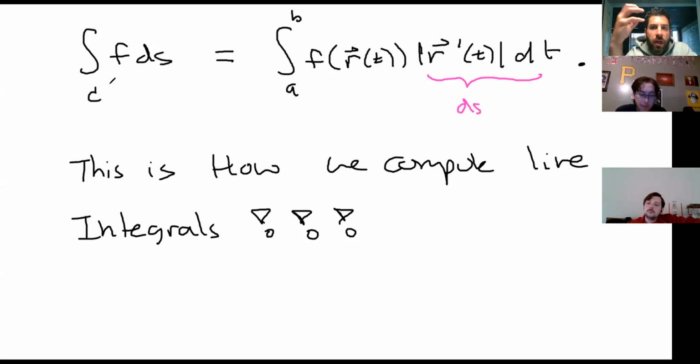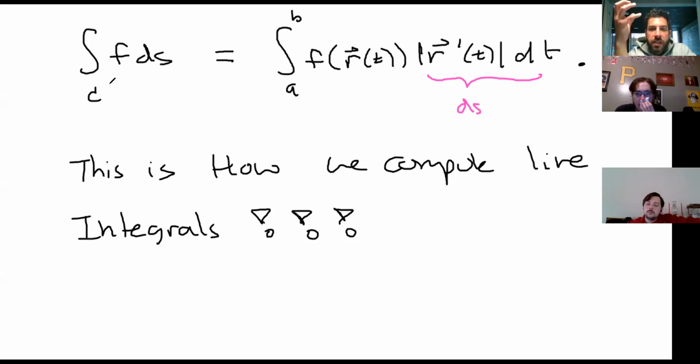Then when you go to double integrals, we're integrating dA over a region in the plane. Then triple integrals is dV, where we're integrating over a region in space.